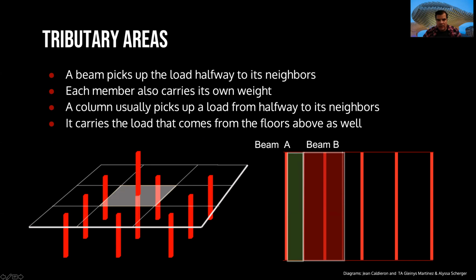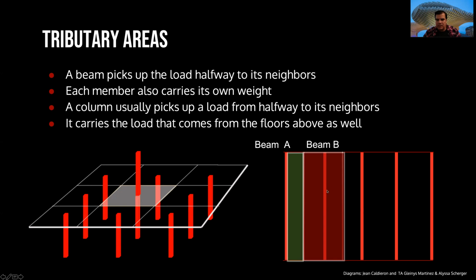In this particular case, all the columns are supporting the same weight because the columns are in the center of the tributary area. But if I move a column to one side, for example, I move the columns of the corners, the columns that are in the middle will be supporting more weight.